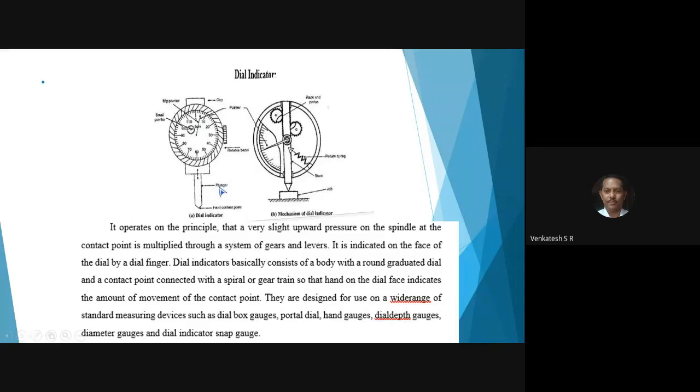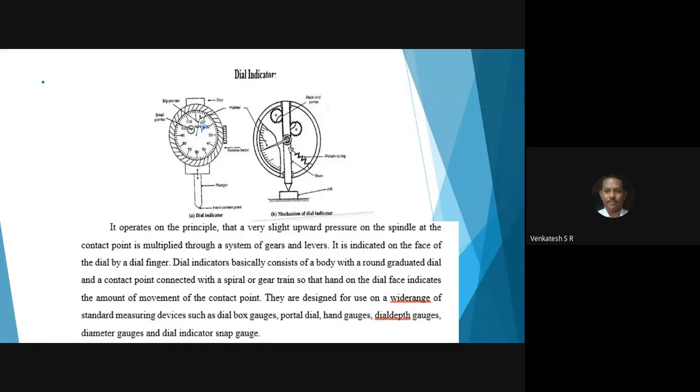If you touch this plunger and press it in the upward direction, you can observe 1000 or more than 1000 times rotation of the pointer.